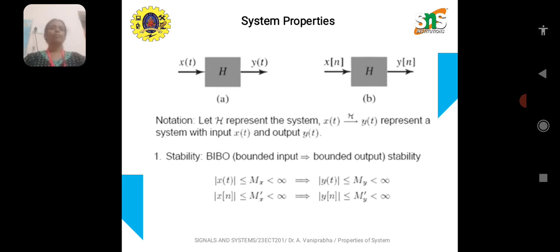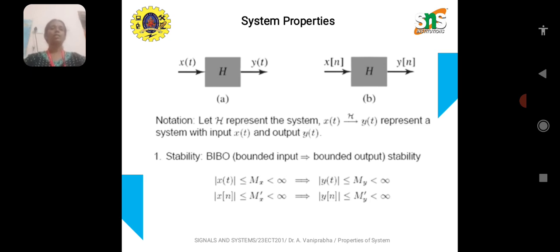System properties. What are the major properties of a system? A system can be a stable system, a linear system, or time variant. Many properties are there. This system has the input x of t, which gives us the output y of t. The first property discussed here is stability.